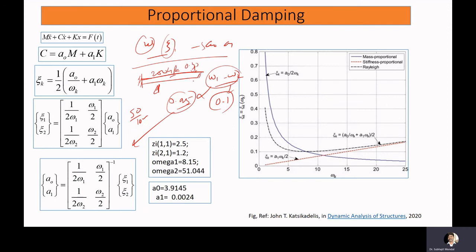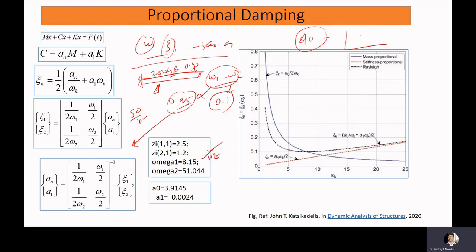So we solved this problem. We observe the first mode shape is coming at a frequency of 8.15 Hertz, and the second mode is coming at nearly 40-something Hertz, but that is not in our XY plane.